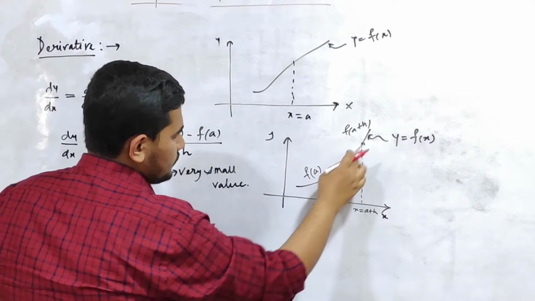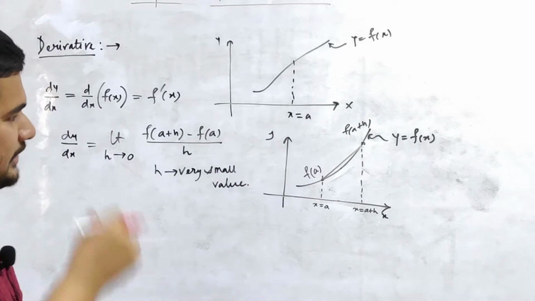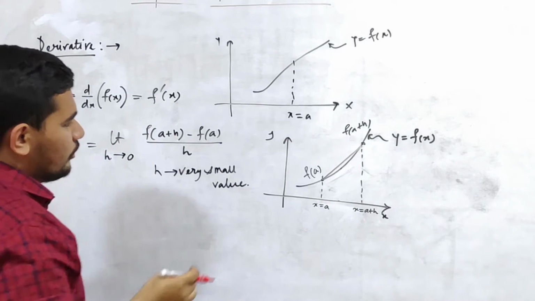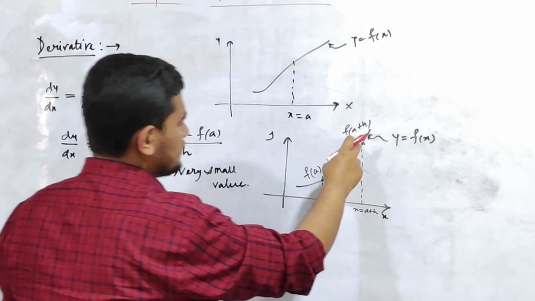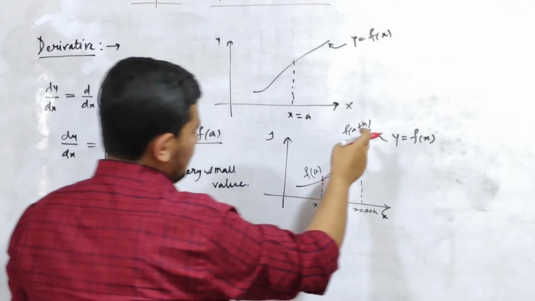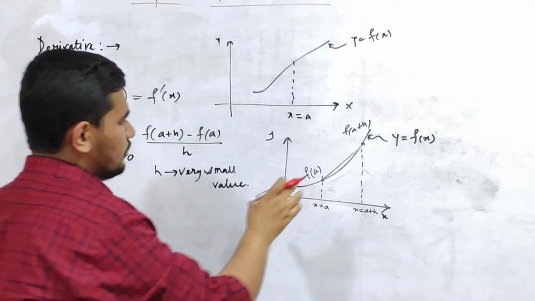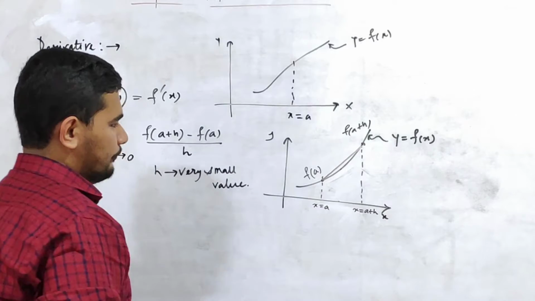These two points are connected by a straight line. The basic problem now is to determine the slope of this red line. To determine a slope, I need the coordinates of two points on the line.